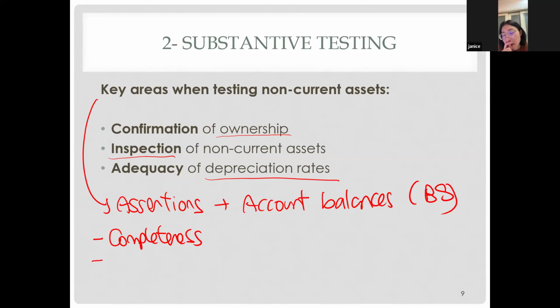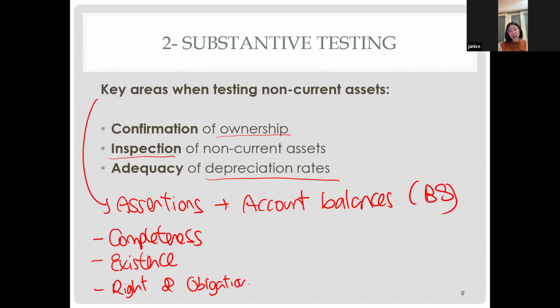Recalculation is an audit procedure, Meng Foot. It's not the assertion itself though. I'll give you another one. Existence, rights and obligations. Do you guys remember these?